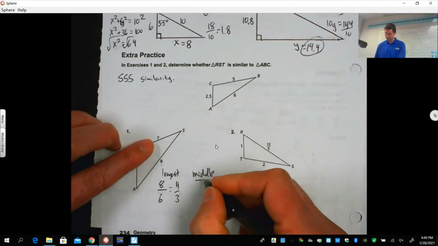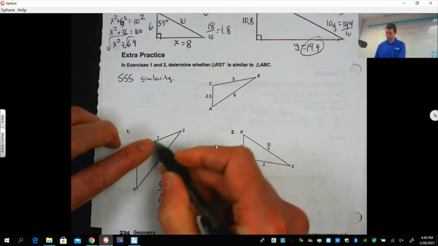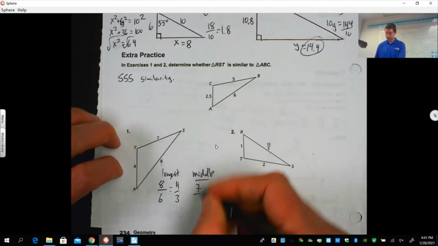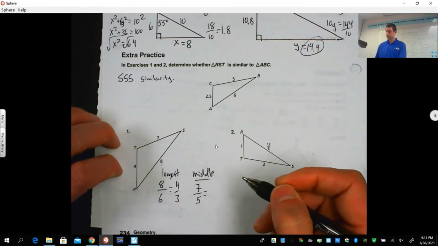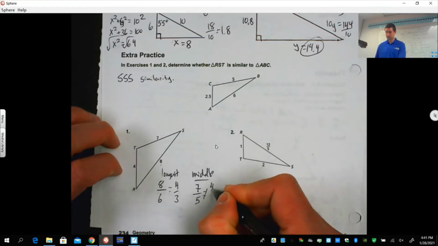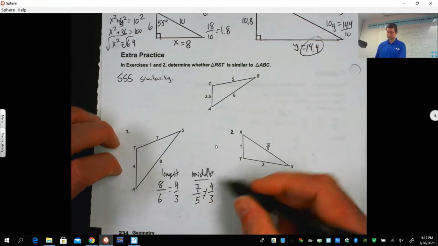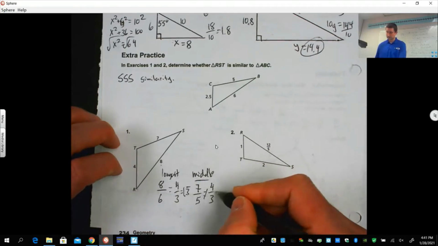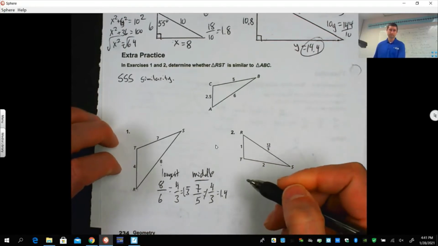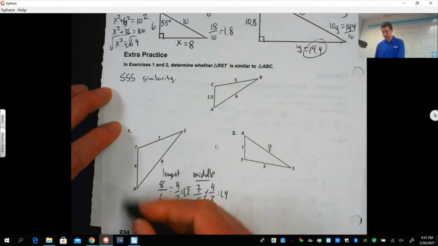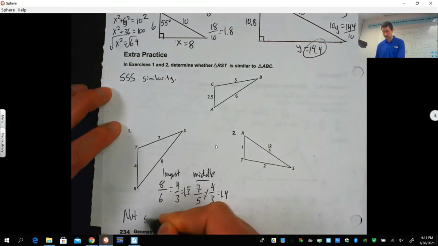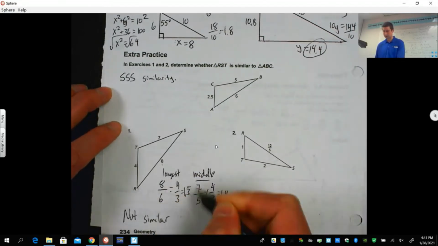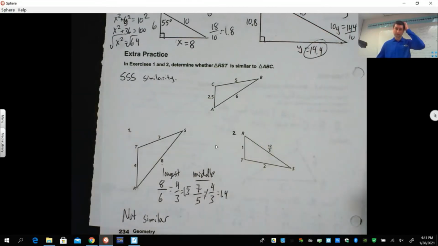So this is 7 over, the middle side here is 5. Well, 7 over 5 does not equal 4/3. That's 1.3 repeating. 7/5 would be 1.4. So those are not equal, so these are not similar. You can just stop right there. We don't even need to check the next one.